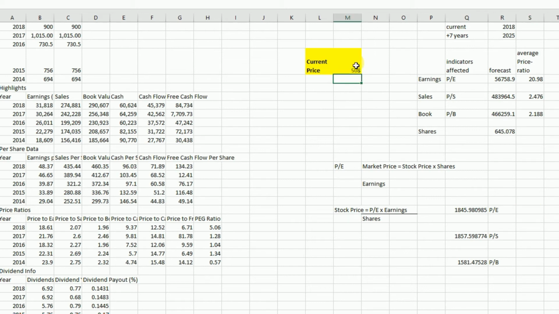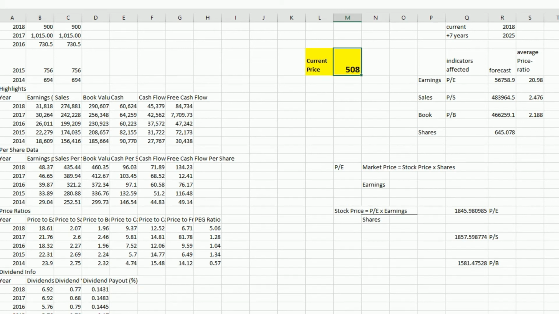The price of Ayala Corp now is 508 pesos. So that's the value of Ayala Corp today. Today is April 13, 2020.